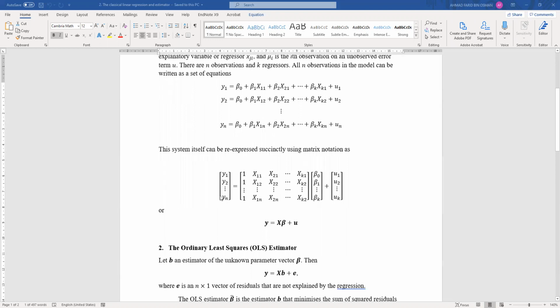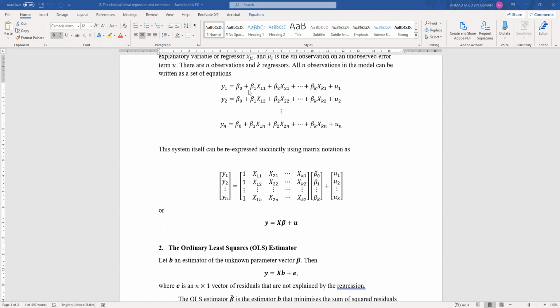You have a vector representing the values for your dependent variable, y1, y2 up to yn, and then you have a matrix X that has the values for all the x's, x1, x2, x3 up to xk, but the first column is all equal to 1, because if you have an intercept in the model, you need the first column all equal to 1, so that when you multiply this and this, you get back this equation.